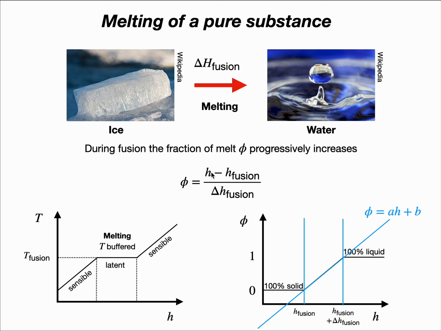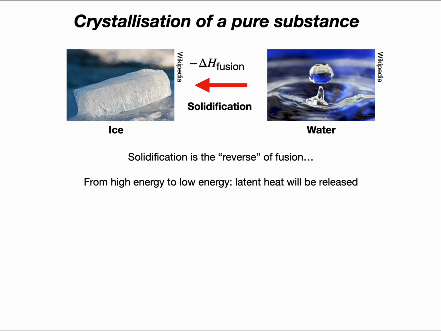Phi is a function of H minus H of fusion. Remember, this will be the first value of H here, divided by delta H, which is basically this length here along the axis H. So you can determine phi that varies.